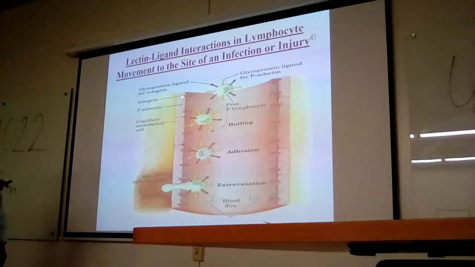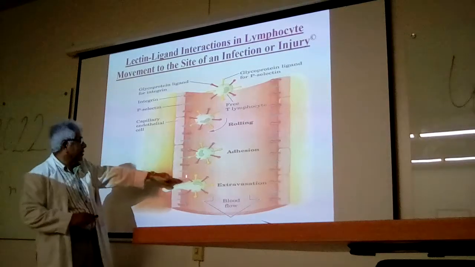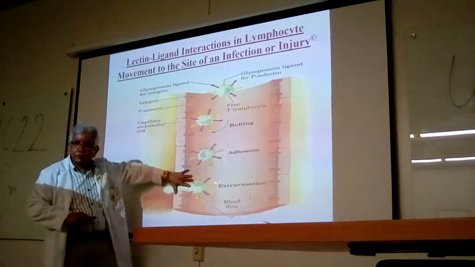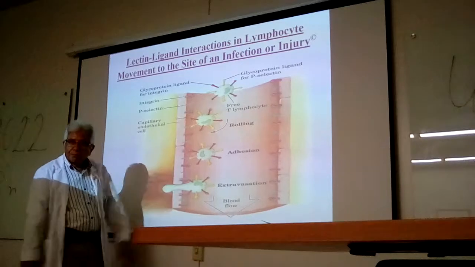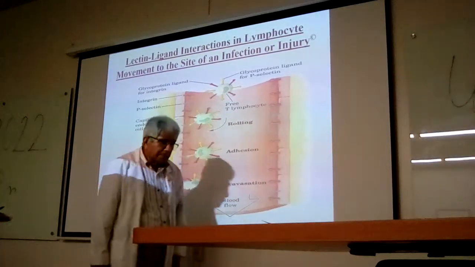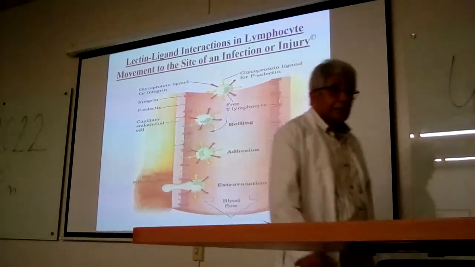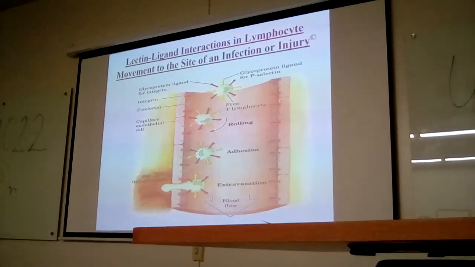The receptor molecules, the integrins and selectins, are on the side. The moment the cells come to that, there will be an interaction between the two, and they will stop right here. If that interaction does not occur, the extravasation will not occur. That's one of the examples, and we learn from these interactions.